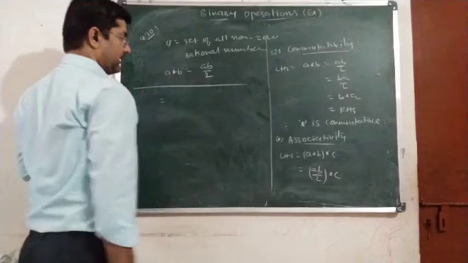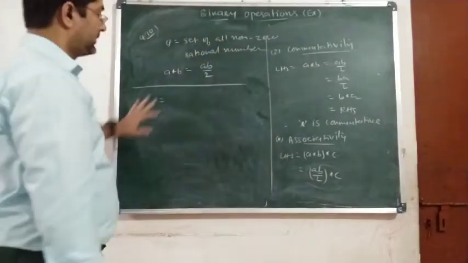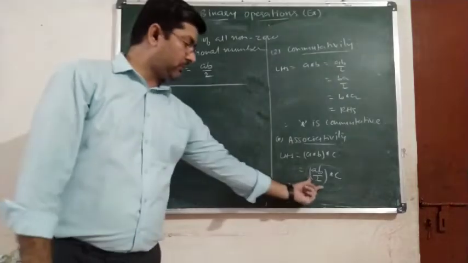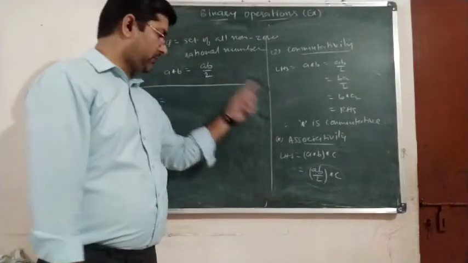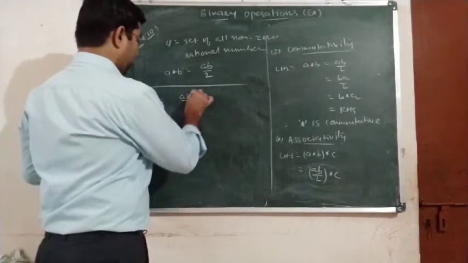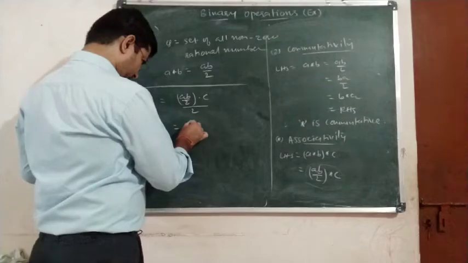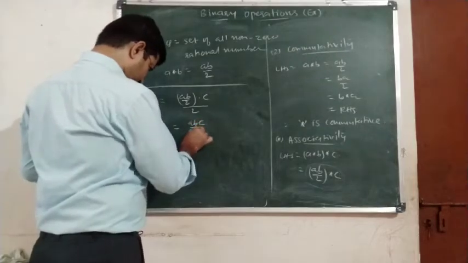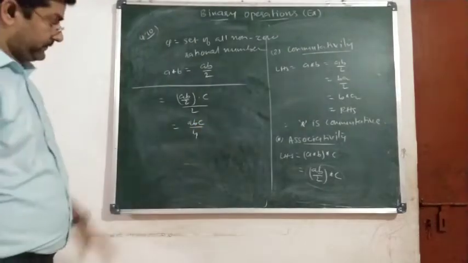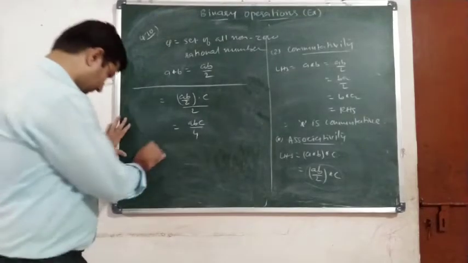Okay, simply again, now this is important. We have to put these values in this formula. So for A we will put this bracket, and for B we will put C. So this will be like this: AB by 2 into C upon 2, which is equal to ABC upon 4. Clear? Okay, now let us take the RHS.